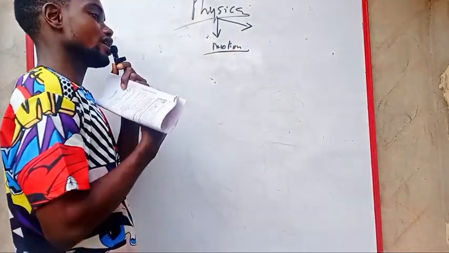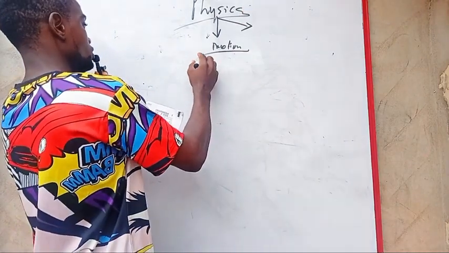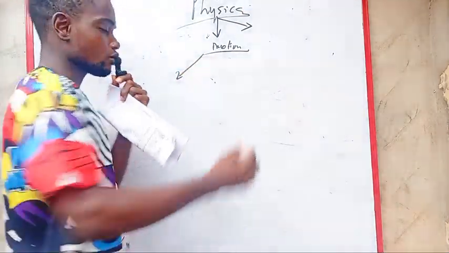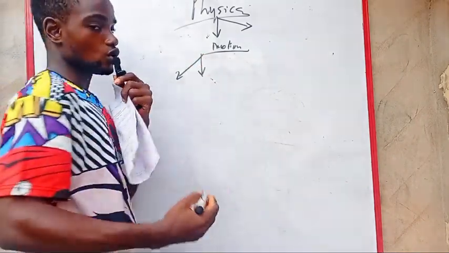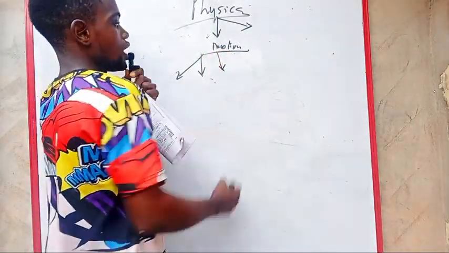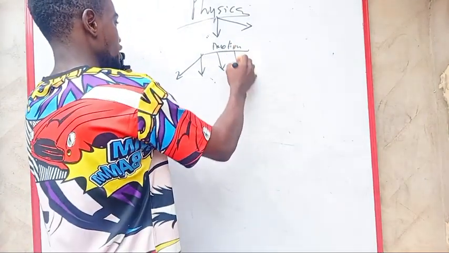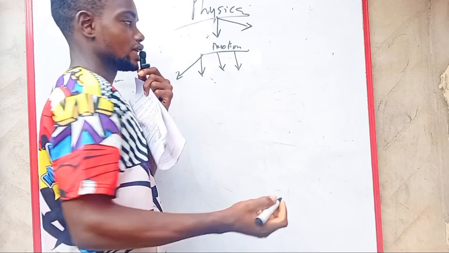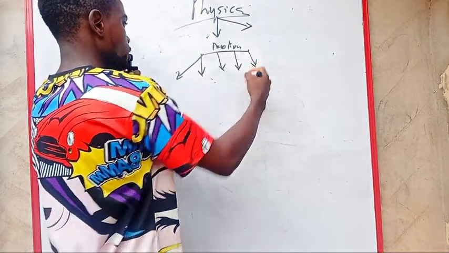Now under motion, there are different types of motion. There's the four equations of motion, Newton's laws of motion, collision, circular motion, and so on. Projectile motion, and what's the other one again? Pendulum.